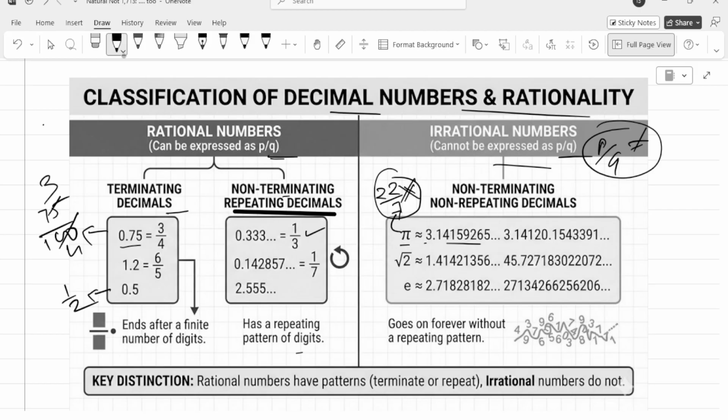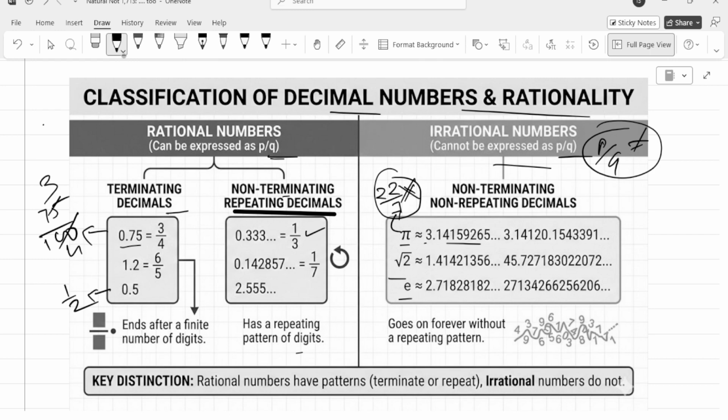And irrational numbers are non-terminating, that means they continuously go on. Okay, what are the properties of an irrational number? It continuously goes on, so it is a non-terminating number. Root 2, what's the value of root 2? 1.414213 and so on, it continues.